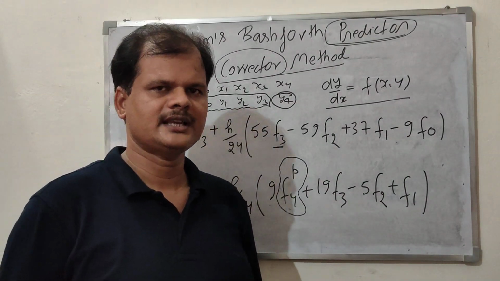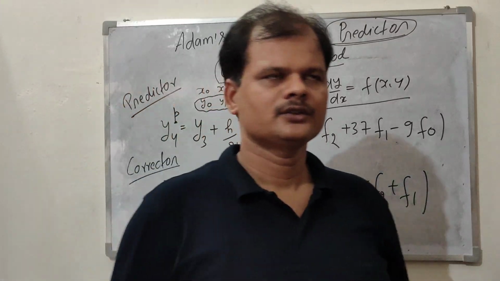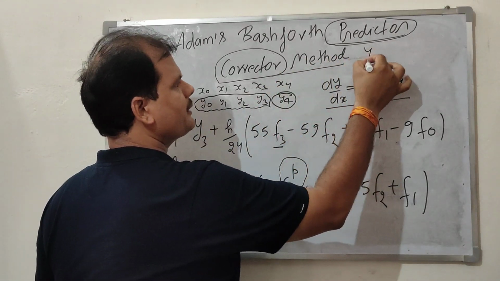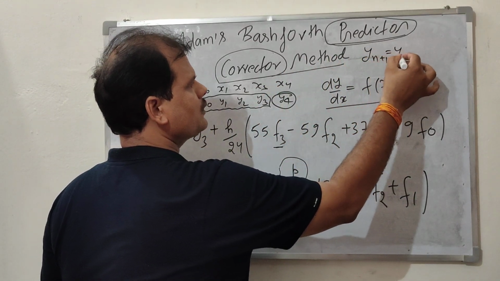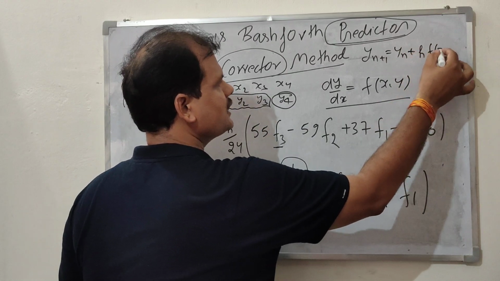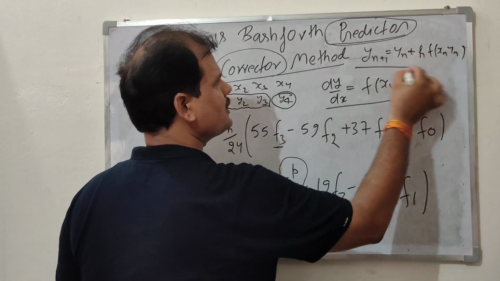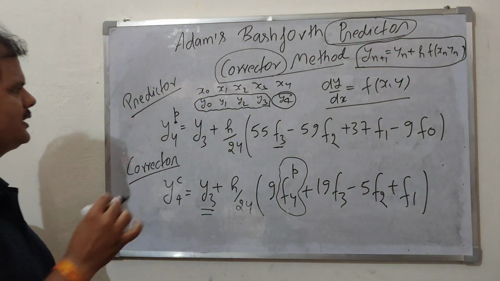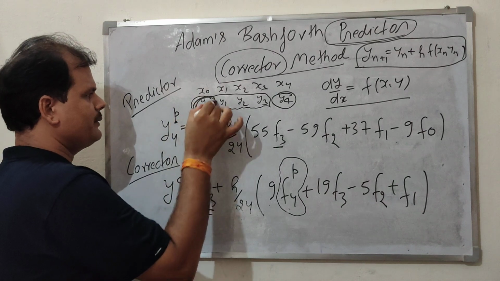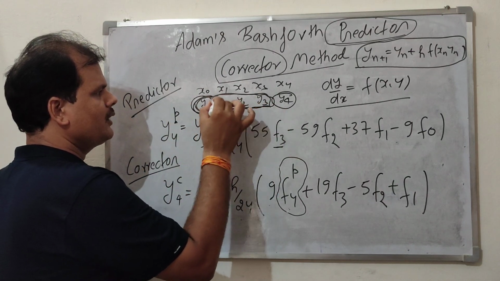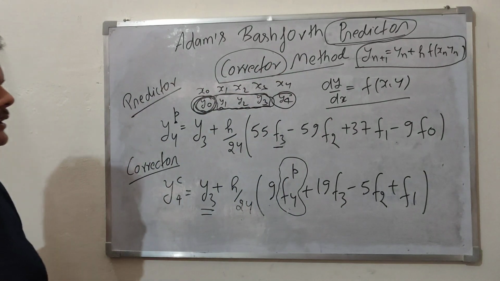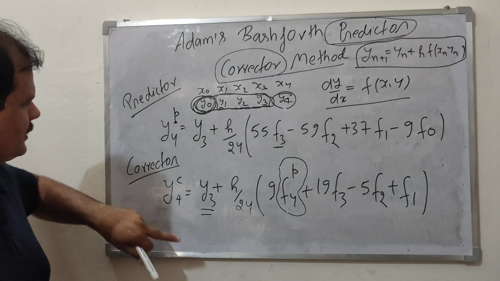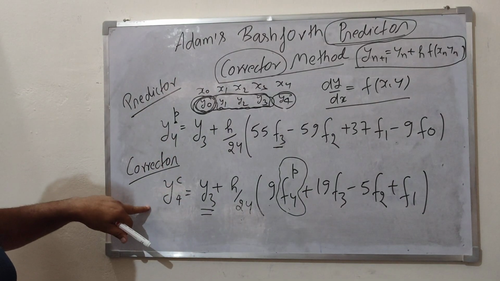What is the Euler method? yn plus 1 equal to yn plus h f of xn, yn. Using this formula we can find y1, y2, y3, because y0 is the initial condition that we will always have. Then we will find the predicted y4, and then the corrected value of y4.